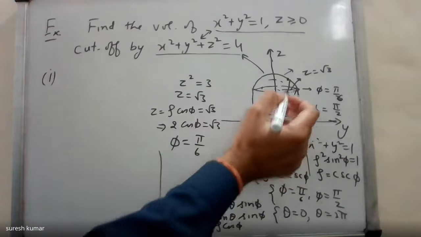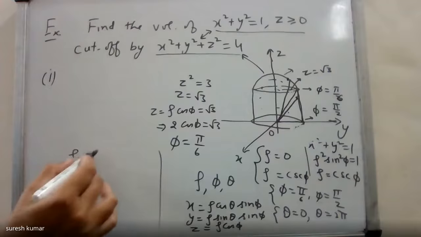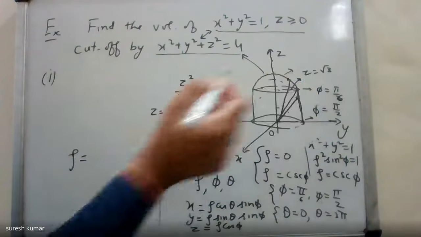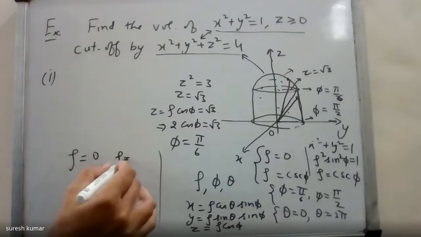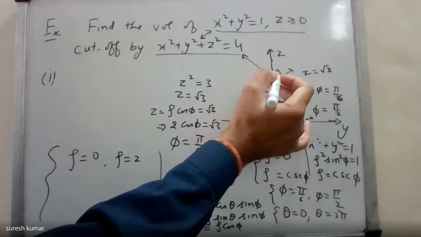If this line goes out of the spherical surface, then what is the relation of rho, phi, theta? This time it should be simple. Rho starts from 0, line leaves out of the spherical surface, so there rho is 2 clearly. Phi here is 0, you know.